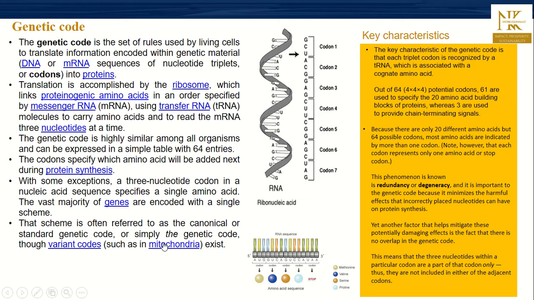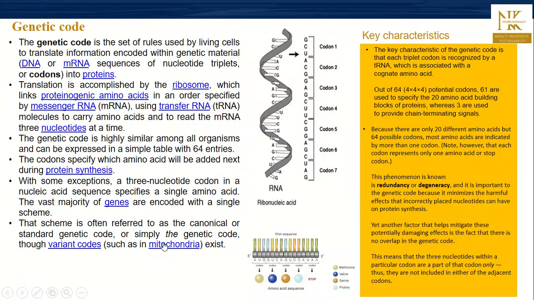Now, the genetic code is a set of rules used by living cells to translate information encoded within genetic material. The translation is accomplished by the ribosome, which links the proteinogenic amino acids in an order specified by the messenger RNA using transfer RNA.